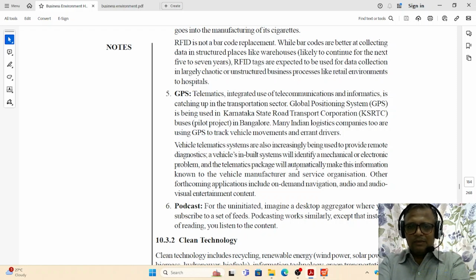Vehicle telematics systems are also increasingly being used to provide remote diagnostics, where a vehicle's inbuilt system identifies mechanical or electronic problems, and the telematics package automatically makes this information known to the vehicle manufacturers and service organizations. Other forthcoming applications include on-demand navigation, audio, and audio-visual entertainment content.